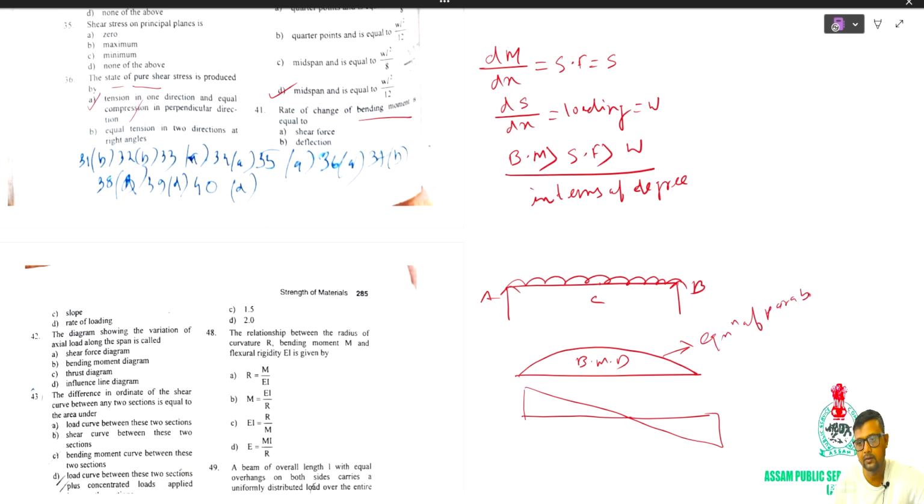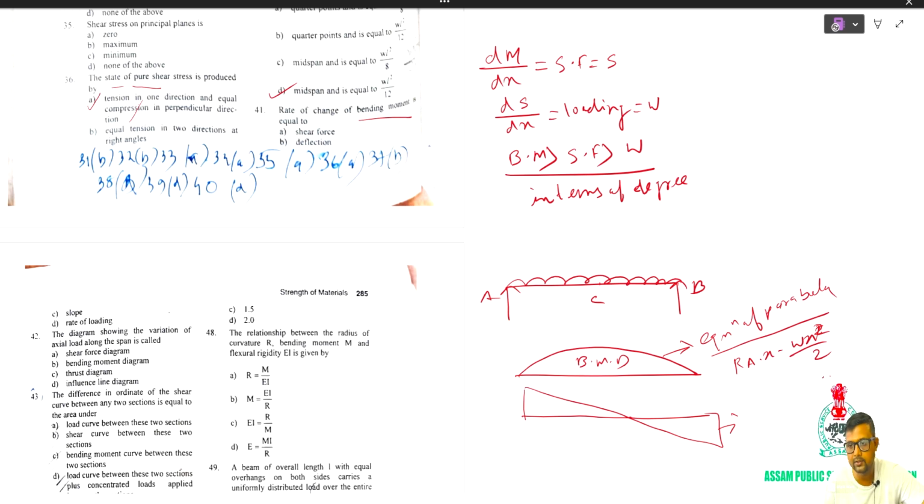The bending moment equation is Ra into x minus w x square by 2. And the equation of shear force is Ra minus w into x, right? Now you can see clearly, this is 2 degrees, and here it is 1 degree.